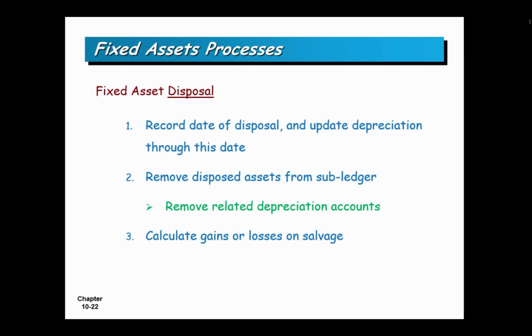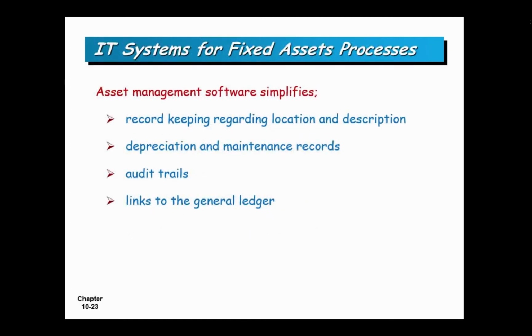But you have to close out those depreciation accounts, zero them out, and then you have a gain or a loss on that asset. And you would use asset management software to do this. Generally speaking, you would purchase it if you bought like an SAP or a large enterprise-wide software package. This would be a module within it.